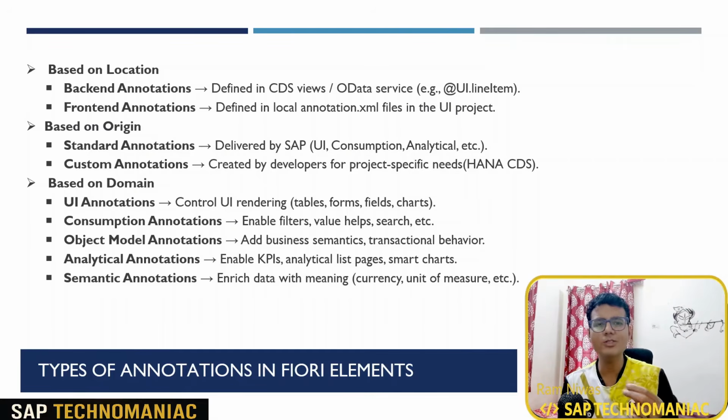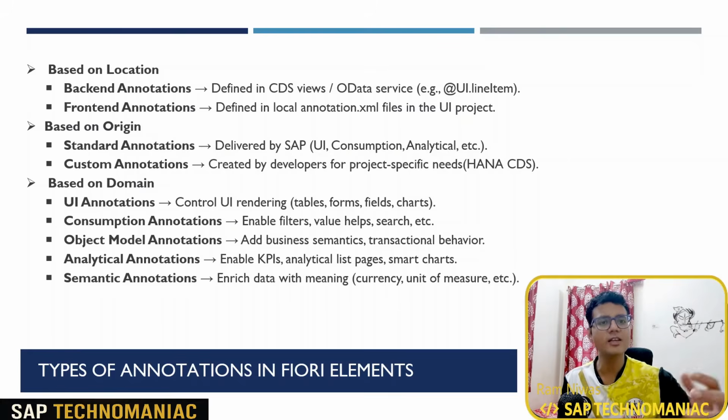One more scenario is that sometimes our front end is updated faster than our backend system. Our backend is 2019 or 2020, but our front end UI is updated to the latest version. In that case, with front end annotations we have more flexibility, because those annotations are not available in the backend, since it is an older system, but the annotations we want to utilize are available on the front end.